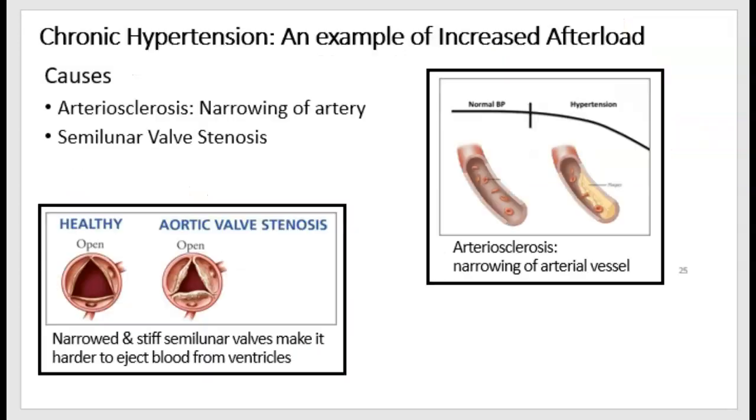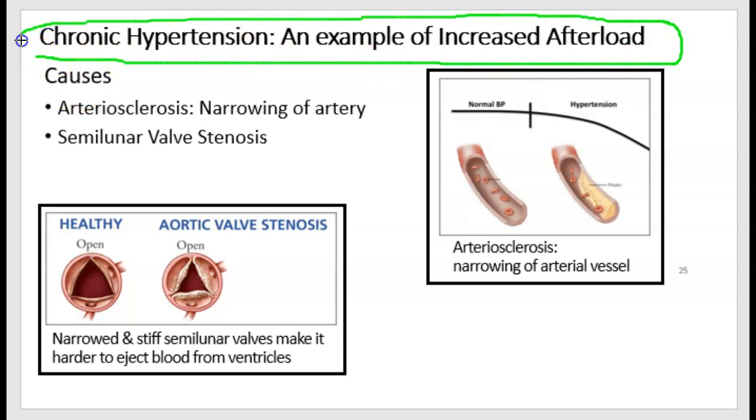Okay, that's a nice segue into the concept of hypertension, which is really blood vessel disorder related, not heart related, but it has an impact on the heart. And so that's what I wanted to mention. Chronic hypertension increases the afterload on the heart.